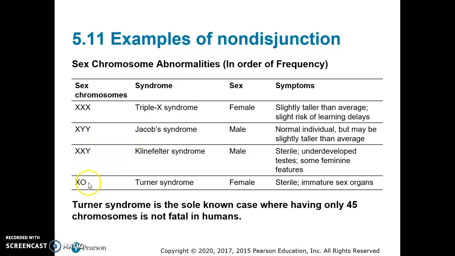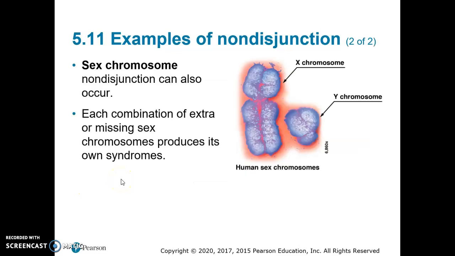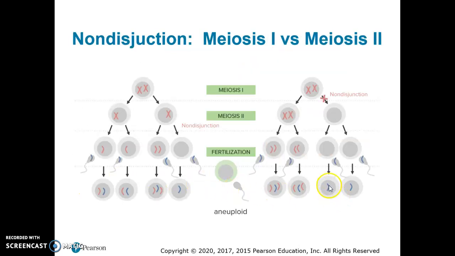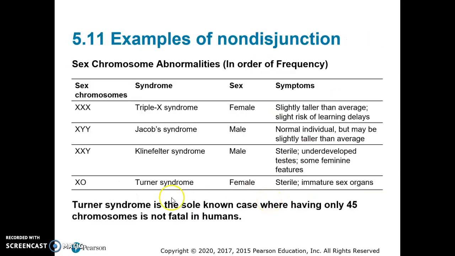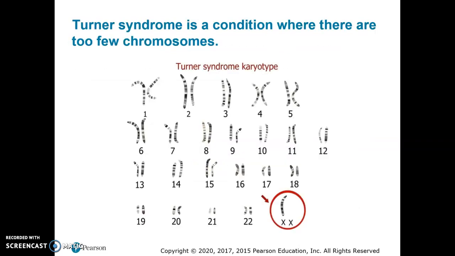And then having too few chromosomes. So here's an example where this O right here represents that there is no counterpart. So that would be one of these cells here that only received an X but did not receive anything else. And that would be Turner syndrome. The child is female because it's got that X chromosome. They too are sterile and have immature sex organs. So it can happen to the sex chromosomes.